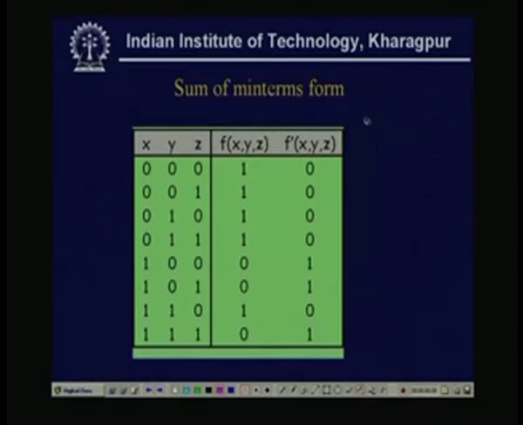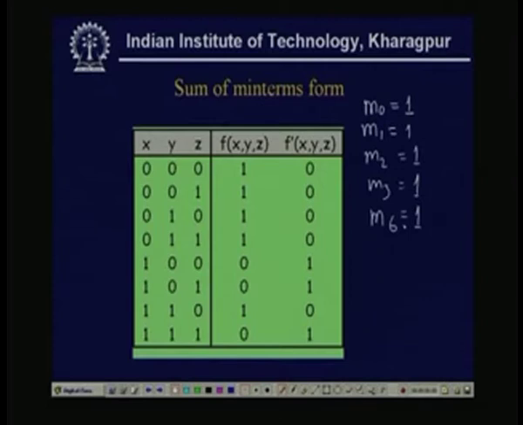Then m0 equal to 1, m1 equal to 1, m2 equal to 1, m3 equal to 1, and m6 equal to 1.